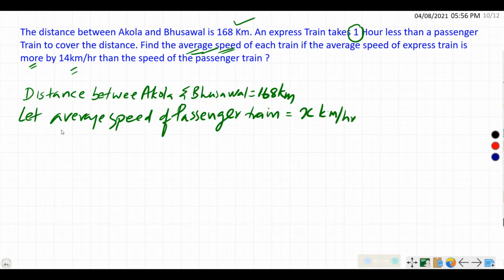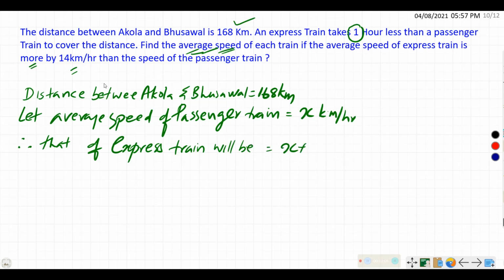Let me write that also, that of express train. Right, 14 to be added to the speed. X will be a number, we know that.